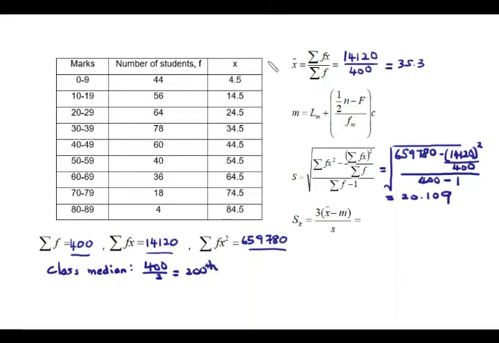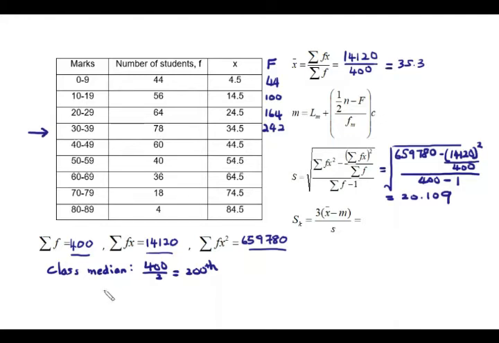So find its cumulative frequency: 44, 44 plus 56 is 100, 100 plus 64 is 164, 164 plus 78 equals 242. This is already more than 200. Therefore, this is the class median.